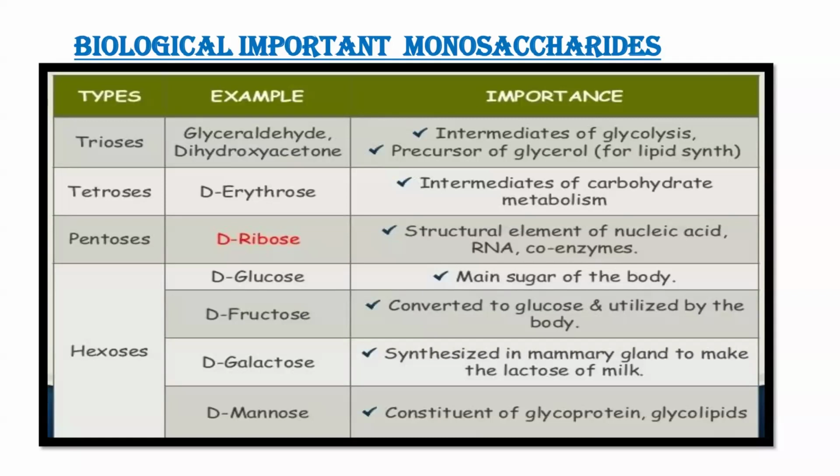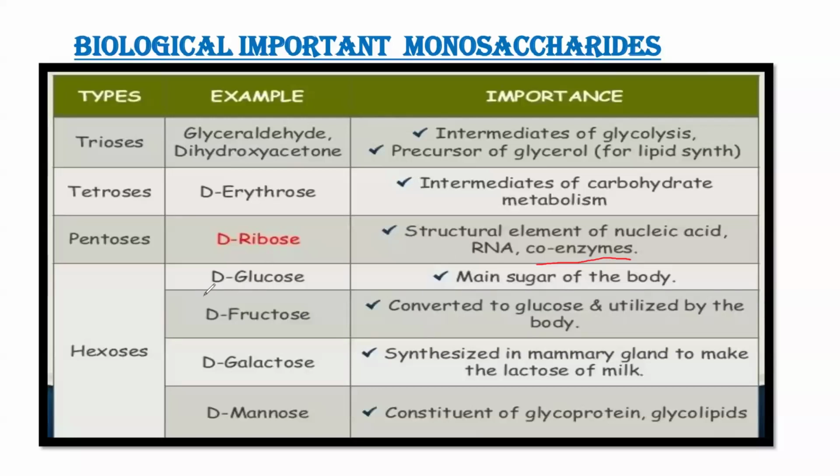And remember, D-ribose is used for the synthesis of RNA, while deoxyribose is used for the synthesis of DNA. At the same time, this ribose sugar can also be used for the production of intermediates.